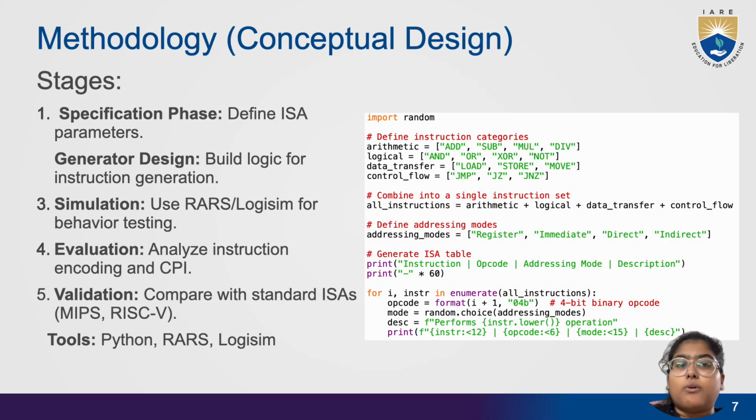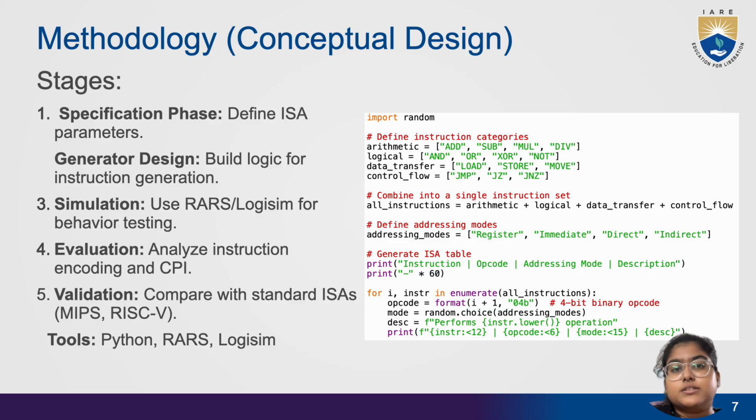The methodology followed a structured six-step process. Number one, specification phase. Defining the ISA's core parameters, number of instructions, opcode width, etc. Two, generator design. Developing a Python program that constructs the ISA automatically. Three, simulation environment.